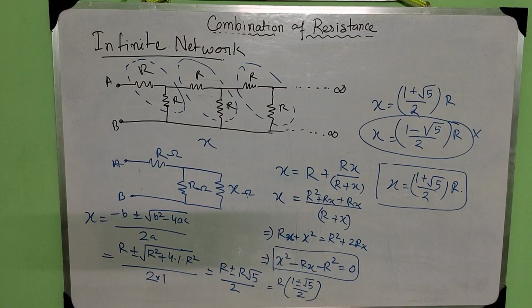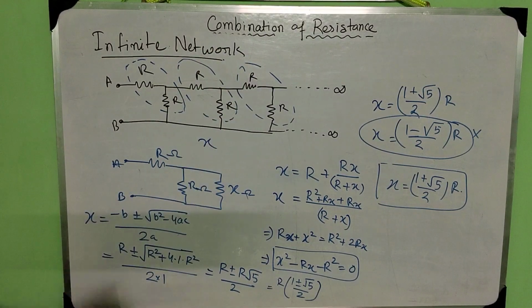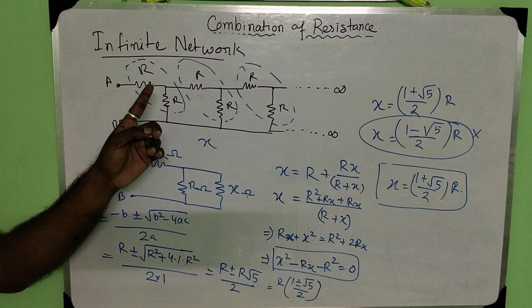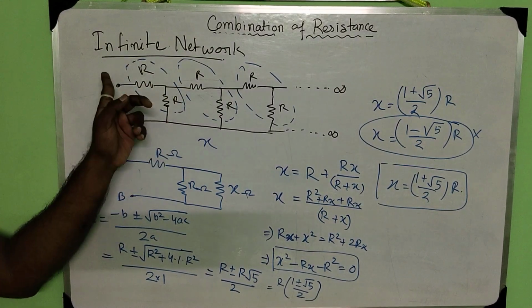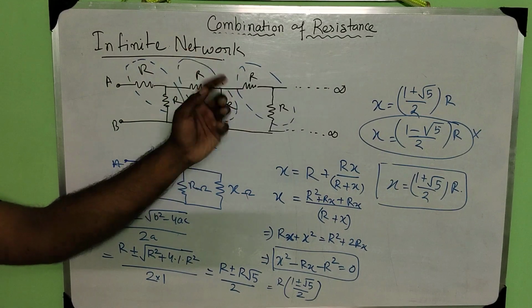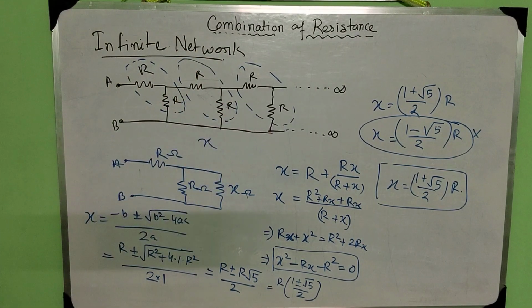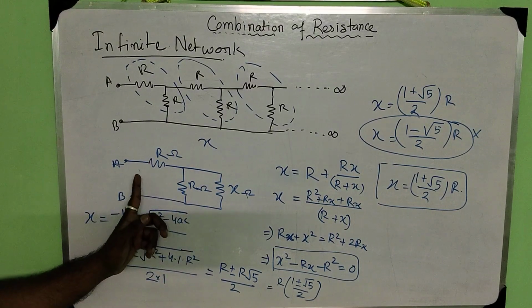So for an infinite network we have to take this. Just a recap: first of all we have to consider the equivalent resistance for the infinite network as x. Now find out the repeating unit. In this case the repeating unit is this. Leaving one repeating unit, take all the circuit elements and the equivalent resistance is again x. So this will be the simplified resistance.